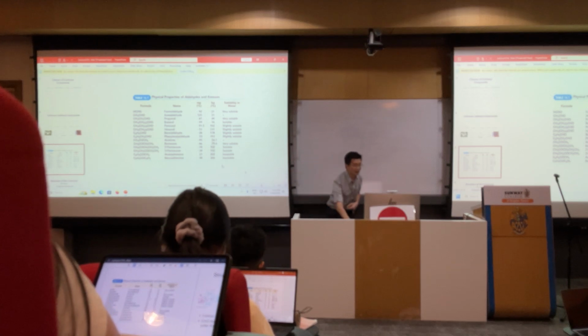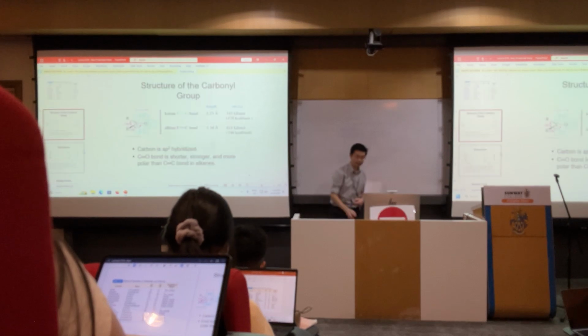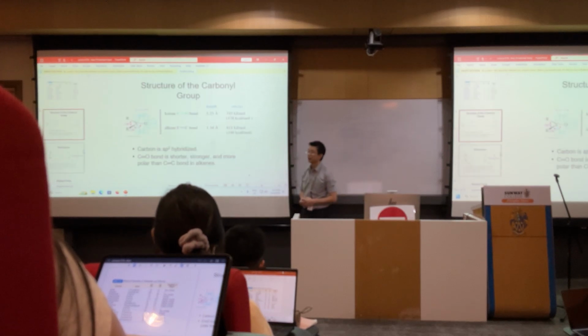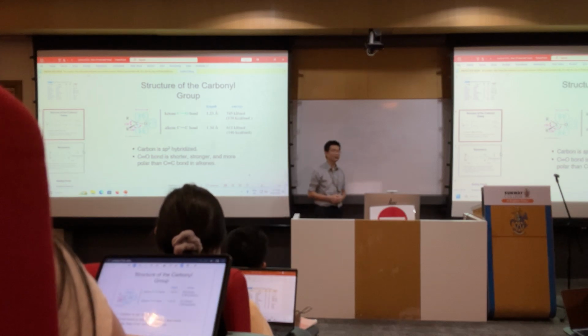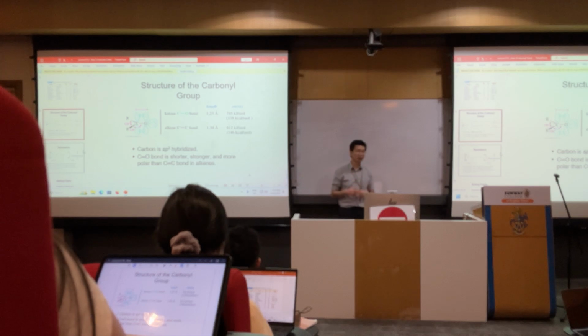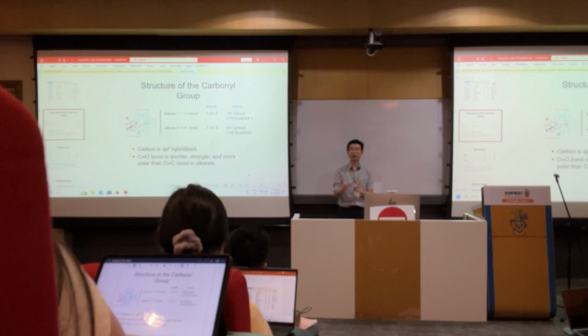So we will look at the properties later on. Okay. So this is the hybridization of the aldehyde or carbonyl group. Basically, the carbon hybridizes to form a double bond. Okay. So the angle between the C double bond O and also the substituent, whether it's R or H, is 120 degrees.